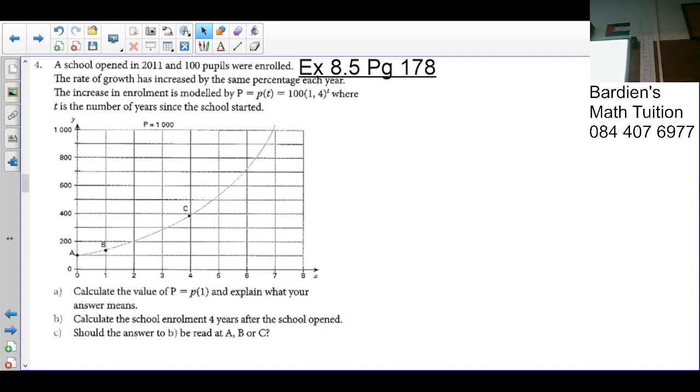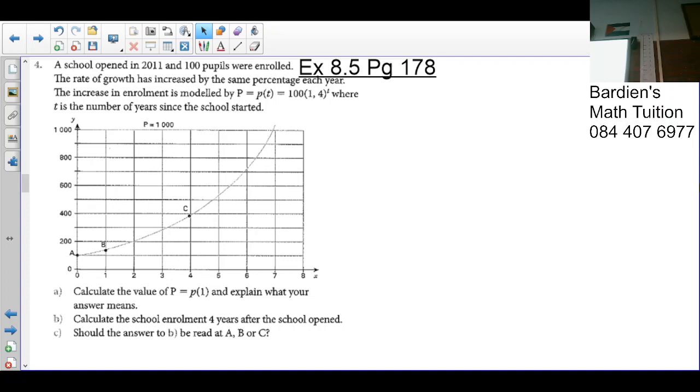The unknown is in the exponent, yes. So what type of graph would this model? Exponential graph, okay, where T is the number of years since the school started.